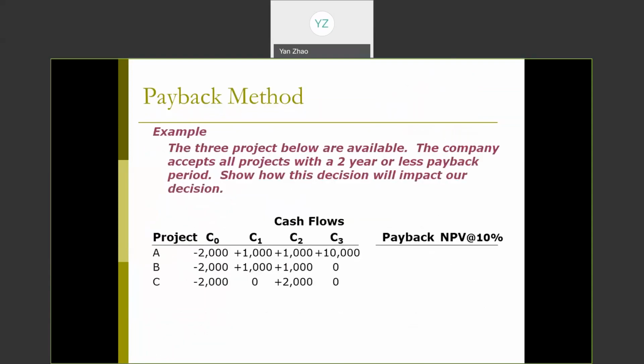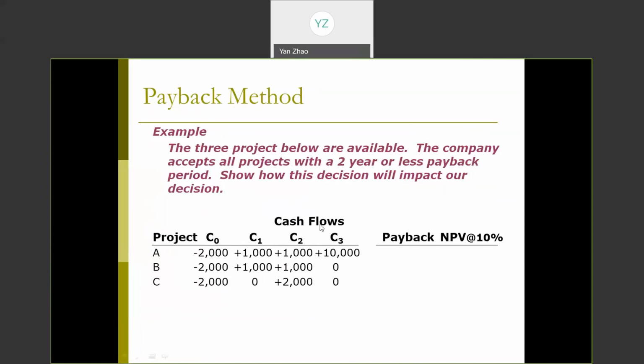Okay. But there are some problems with the payback method. So let's take a look at the following 3 projects. We have project A, B, and C. Let's take a look at the cash flows. All 3 projects involve a $2,000 initial investment. So that is why C0 is minus $2,000 for all 3 projects.